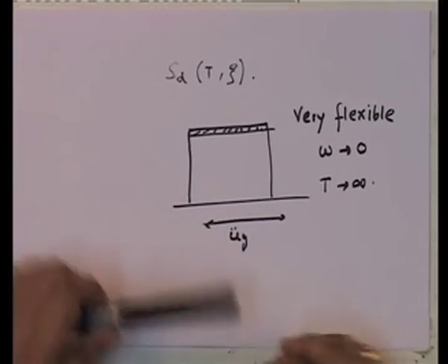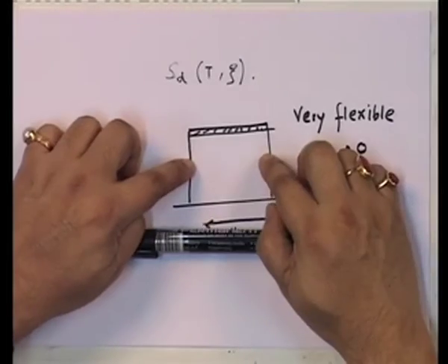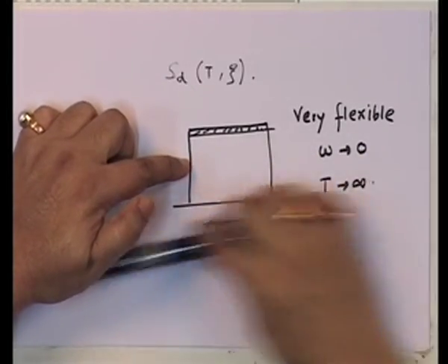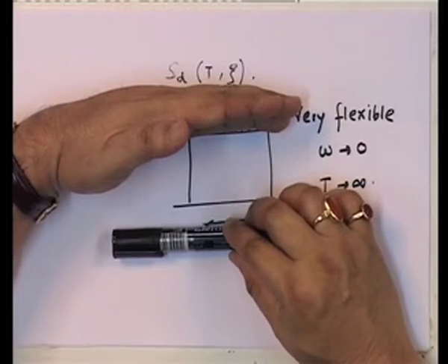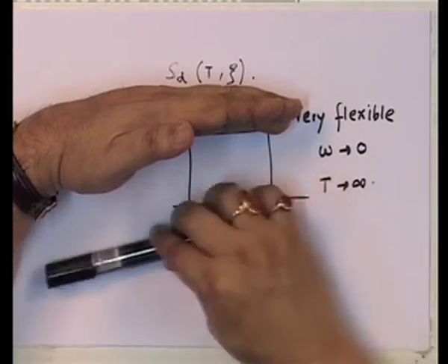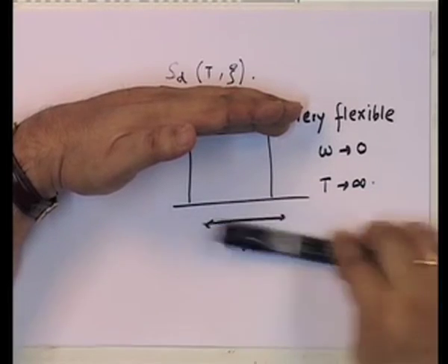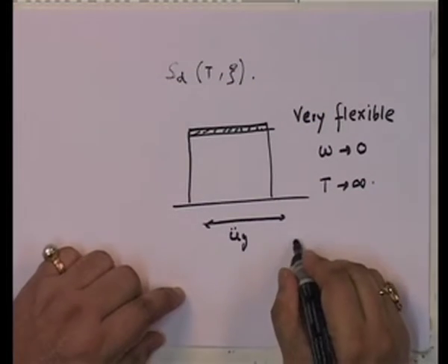What happens? This is extremely flexible. As the ground moves, the inertia of the structure is going to keep it in place. So what is the peak deformation, the maximum deformation?